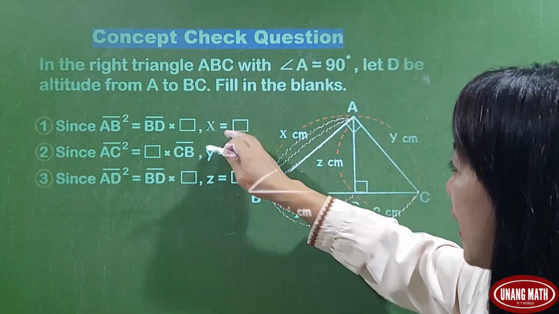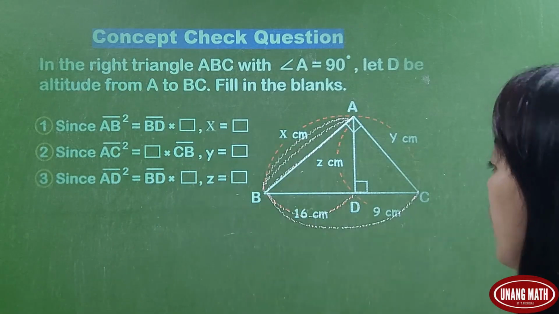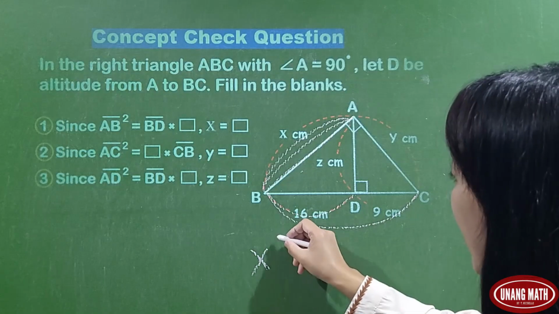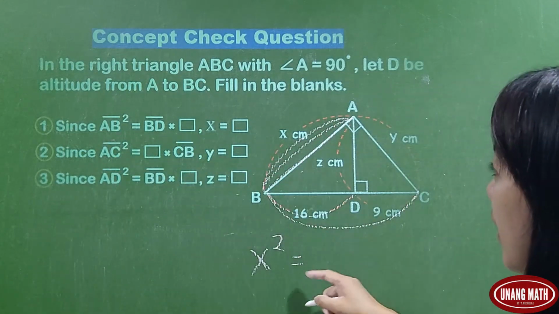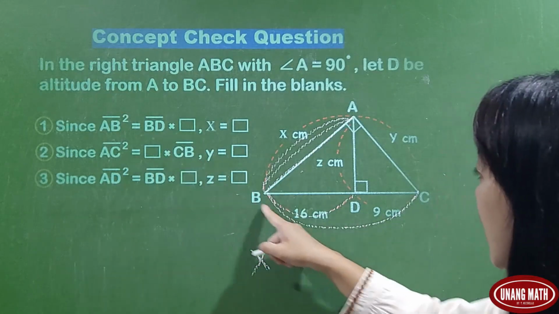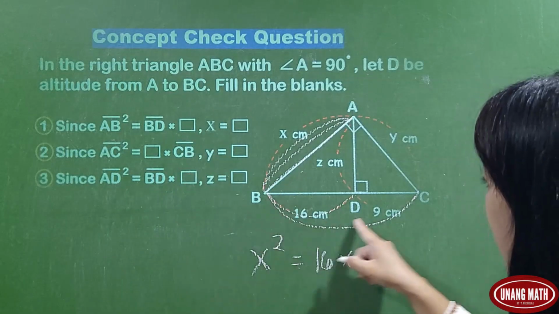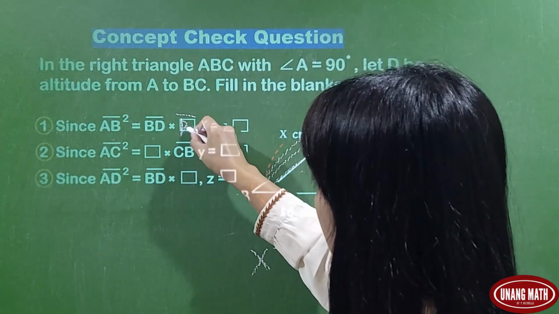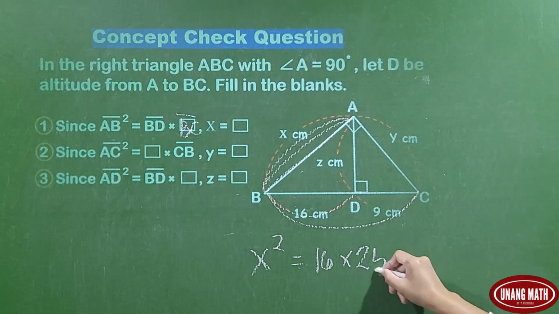So what would be the value of x? If we're going to solve for this one, we now have x squared, that would be AB squared is equal to BD, which is 16, times BC, so this is segment BC, which is 16 plus 9, so that's going to be equal to 25.